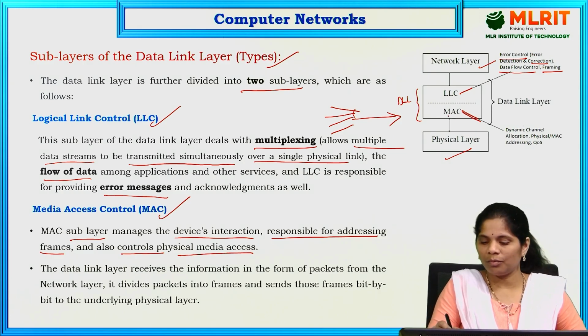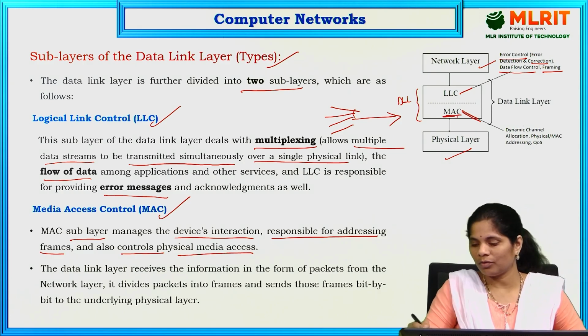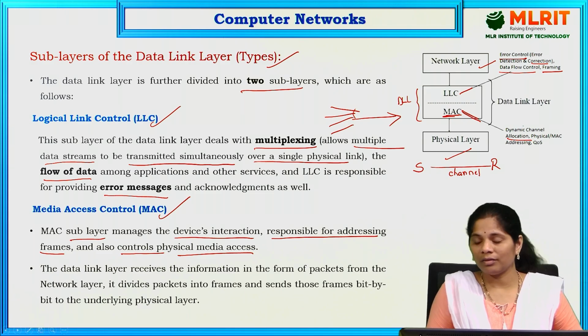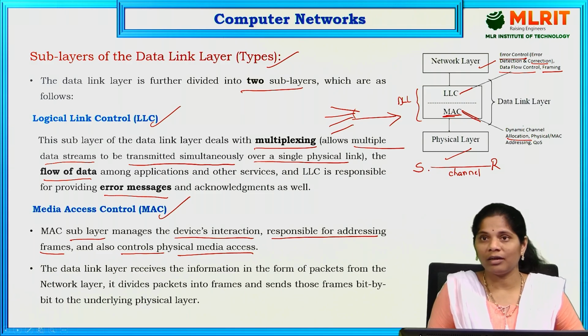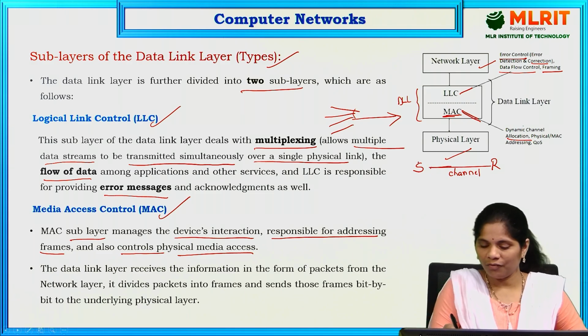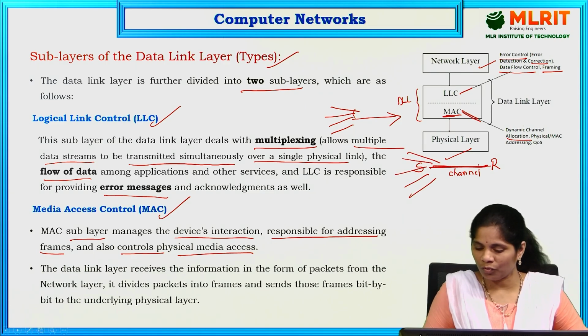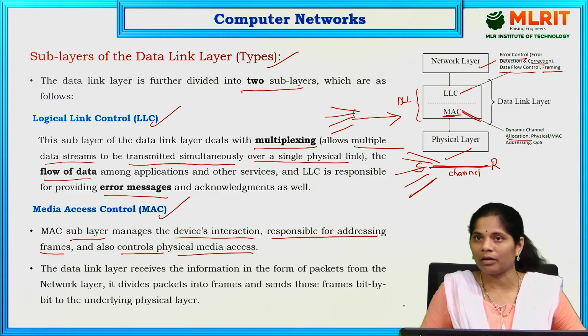See in this picture, the MAC layer. Here is dynamic channel allocation. This is the sender, this is the receiver, and in between, for transferring the data from sender to receiver, this is the channel. If a number of sources are there, all using this particular channel only, through which device should I allocate this particular channel?